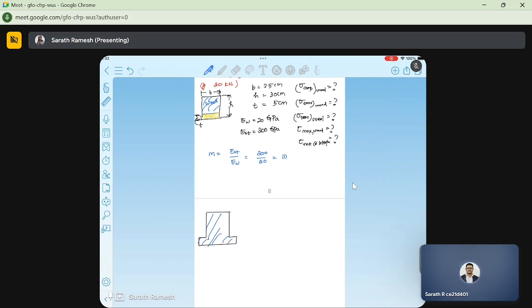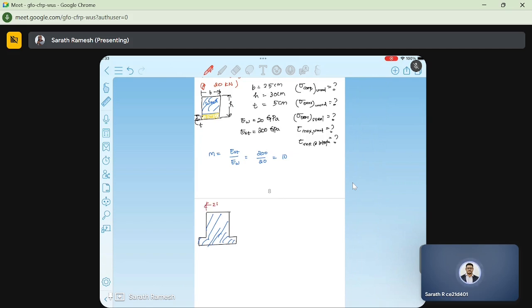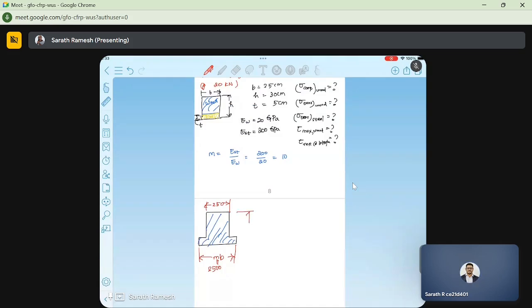This is step number one: first, we convert the section into an equivalent transformed section. The width above is 25 cm, so writing in terms of mm, 250 mm. The width below will be m times 250, which is equal to 2500. Now the total height is 300, and this is 550.